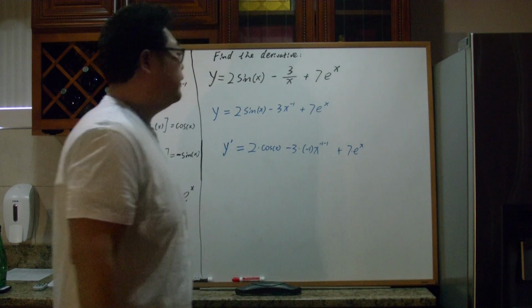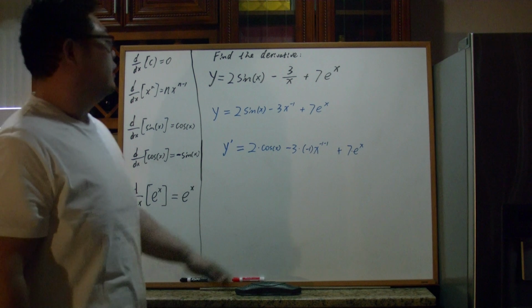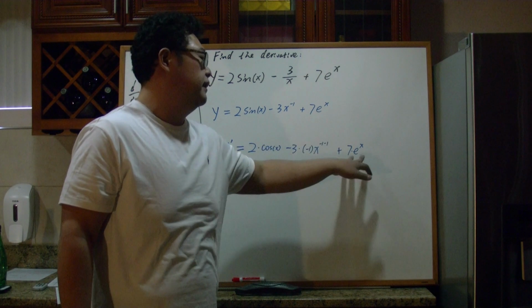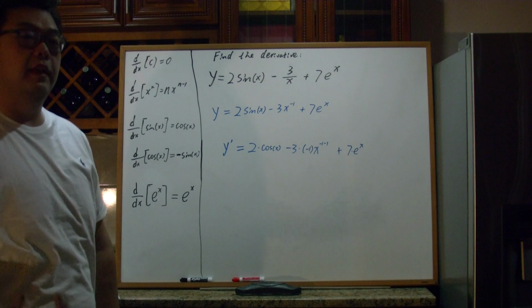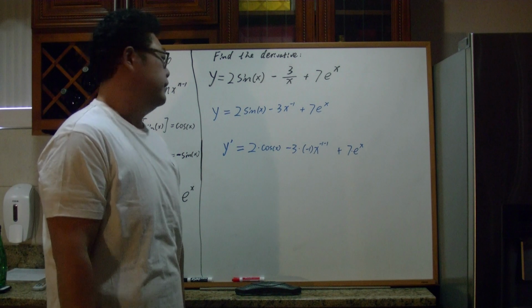And the derivative of e to the x is just e to the x. It is not copied down simply, but taking the derivative of e to the x is the same as e to the x. Later we'll see some tiny thing that may change.